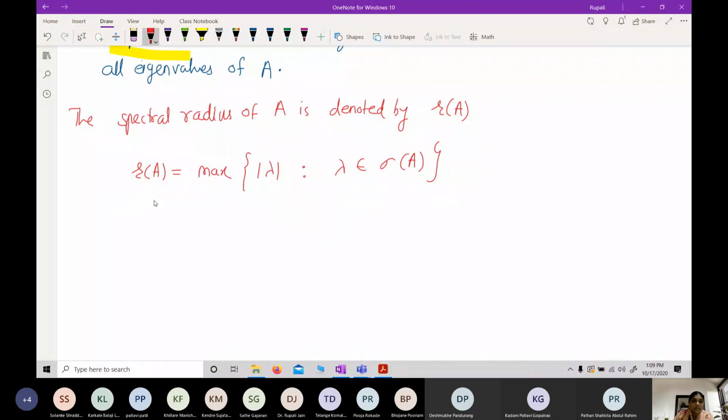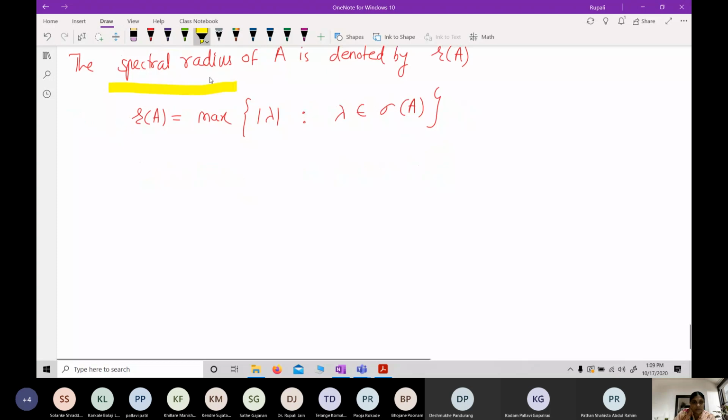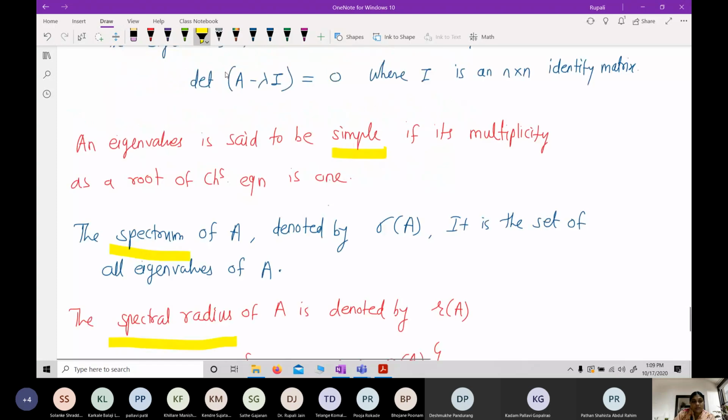That is your spectral radius of A. You might have done all this in your linear algebra.